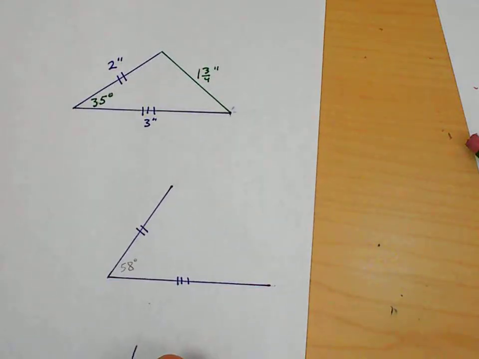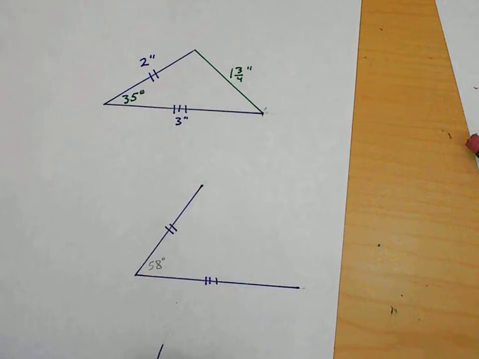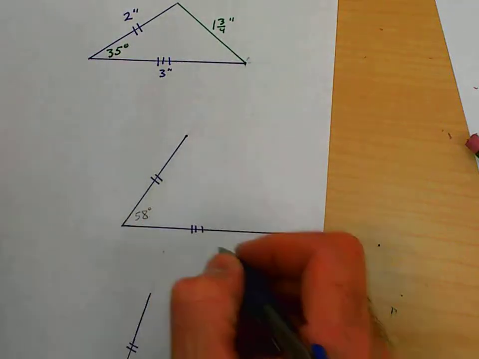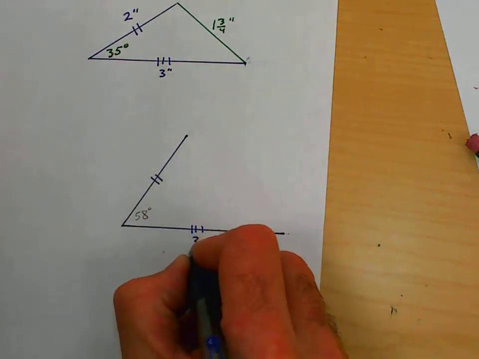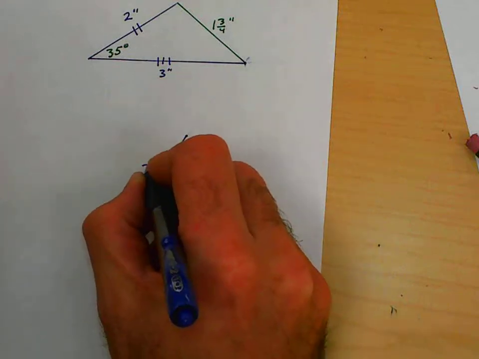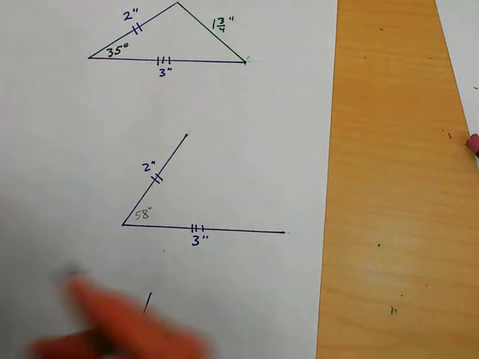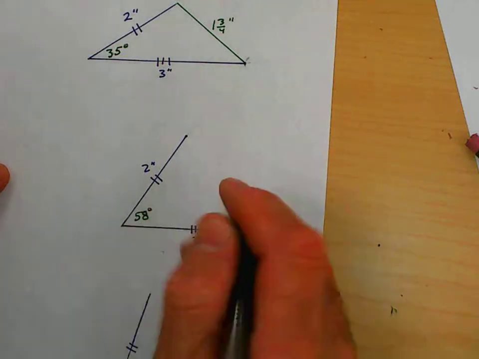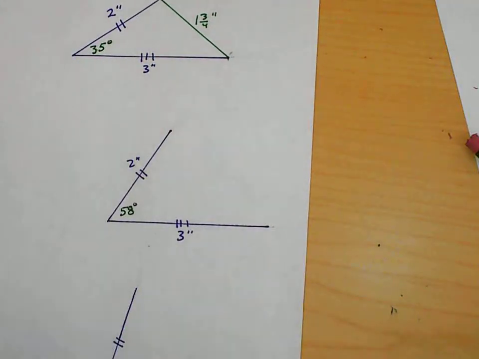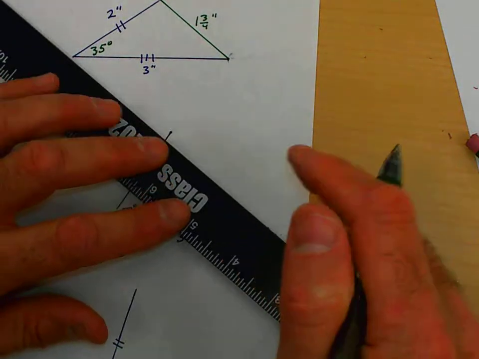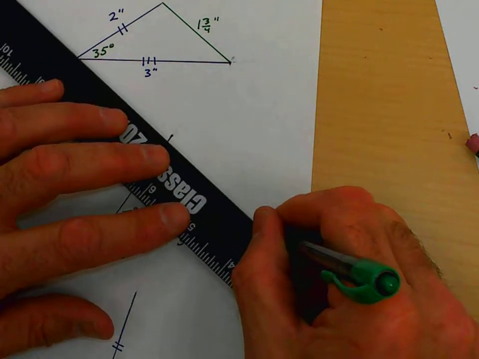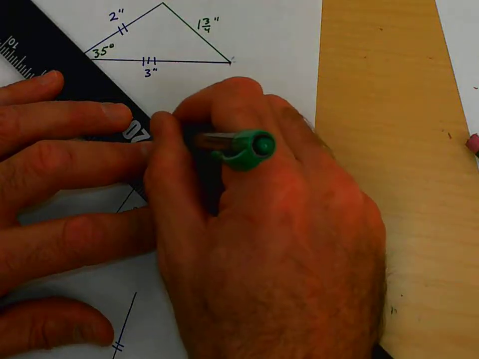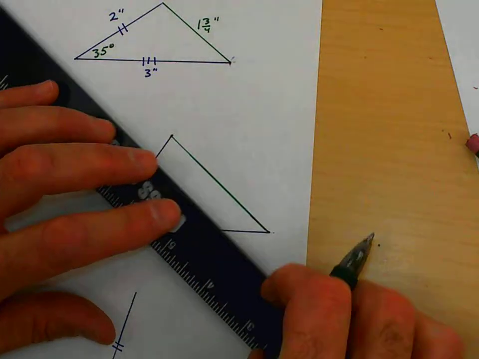Looking at the other triangle that can be formed using similar values, again this was 3 inches, this was 2 inches. We have a 58 degree angle, which is going to dictate how far apart these are. So if I go ahead and connect those endpoints, that creates that third side.